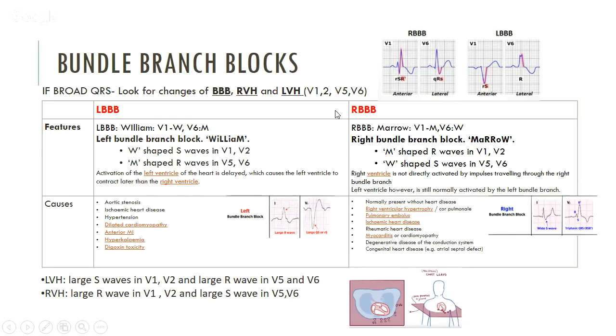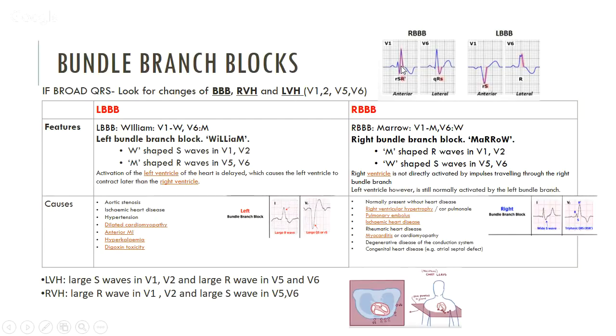And the reason why we look at V1 and V6: V1 is on the right side of the heart, so normally that should be going down. And V6 is looking at the left side of the heart. So with left bundle branch block, because V1 is looking at the right side, it should be negative, and because it's left, it's a very deep S. In right bundle branch block, V1 is looking at the right side, so it gets positive, which normally is negative.